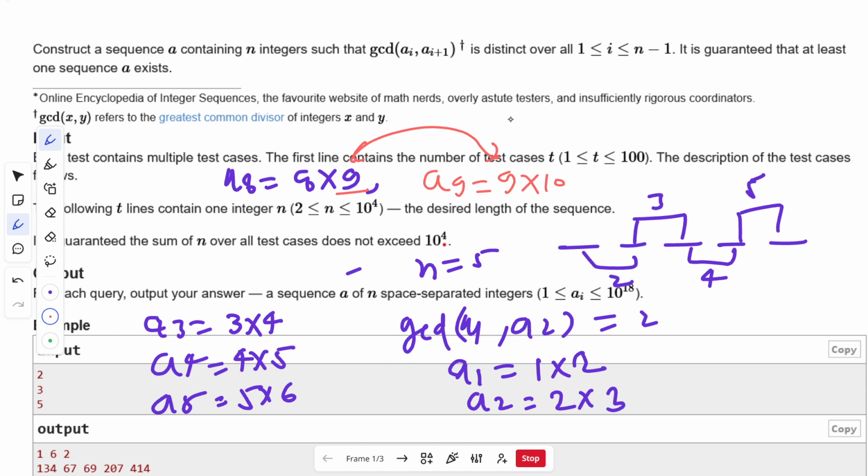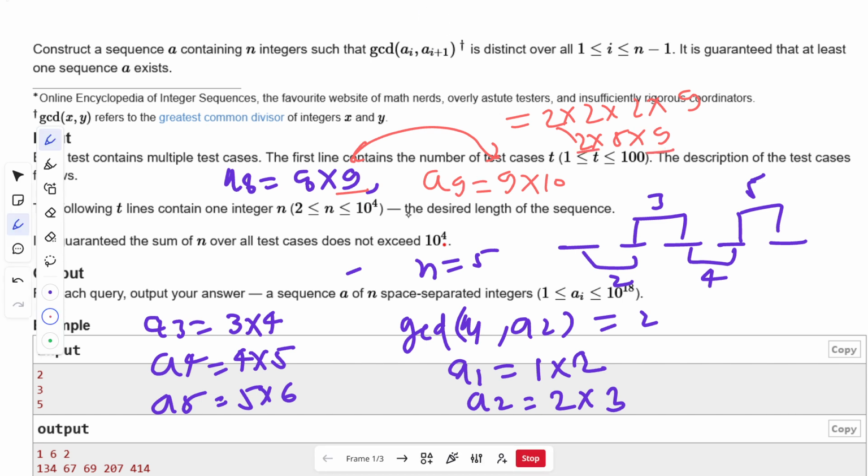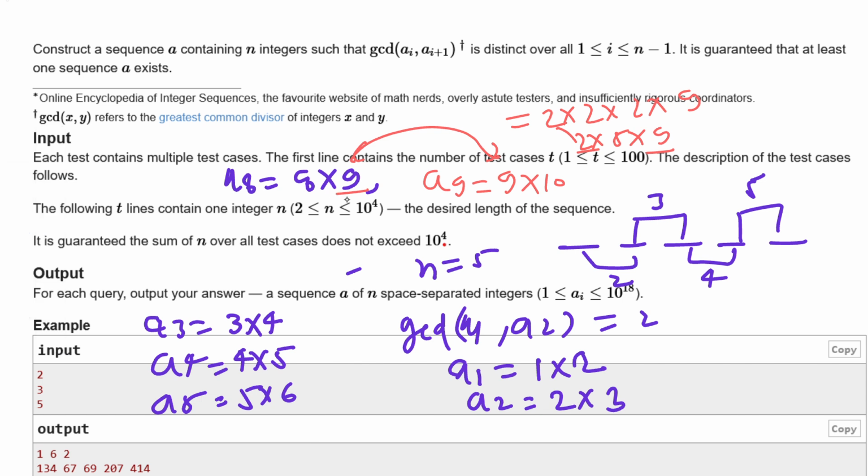If you represent 8 as 2 into 2 into 2 and 10 as 2 into 5, then 2 is also common. So the GCD will be 9 into 2, which is 18. So here is a problem.